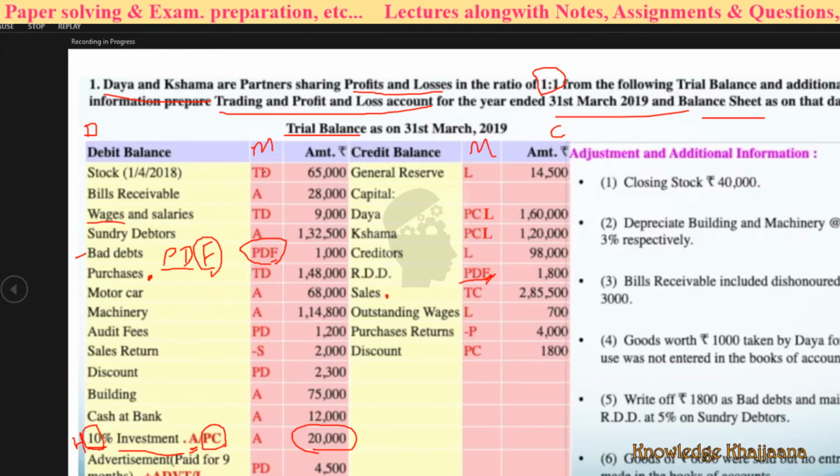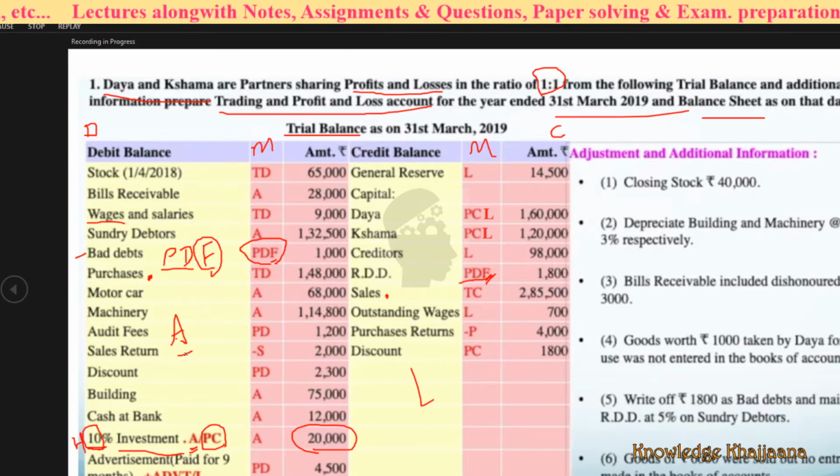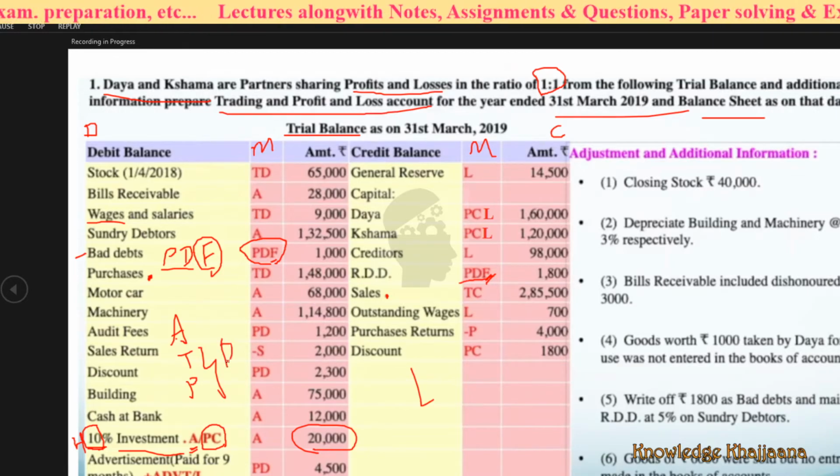Here it will be asset and here it will be liability. Here it would be trading or profit and loss account, but for both the debit side. And here it may be either liability, or trading or profit and loss account credit side.